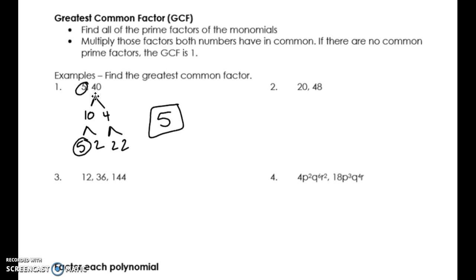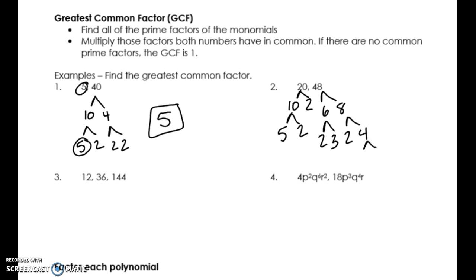Number 2 is a little bit more complicated because now you don't have just one prime number. So what is 20 split up into? 10 and 2. We know 10 splits up into 5 and 2. What is 48 split up into? 8 and 6. 6 goes into 2 and 3. What are factors of 8? 4 and 2.